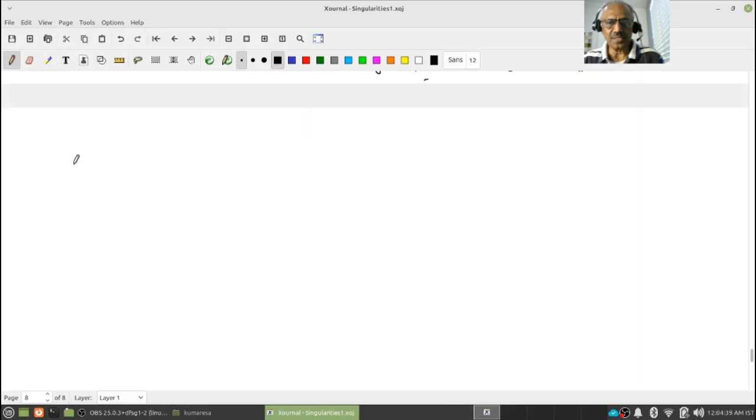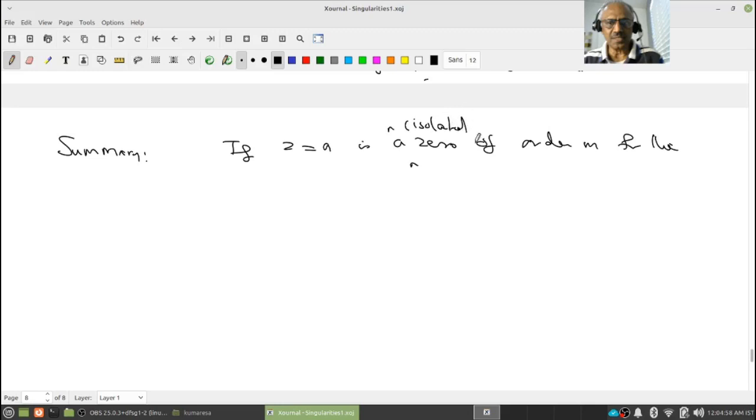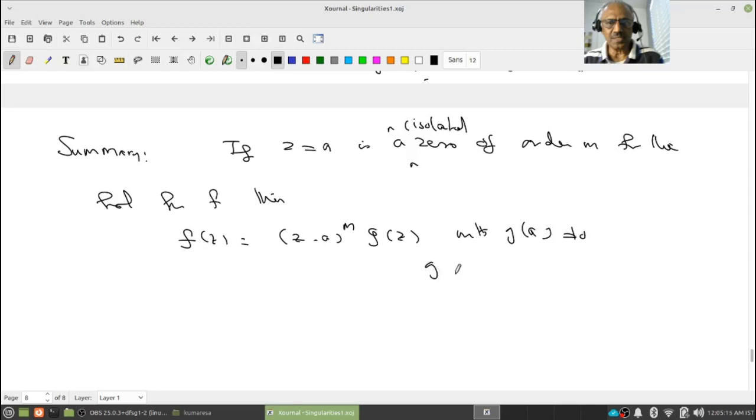So let us summarize. If z equal to a is a zero of order m, an isolated zero of course, for the holomorphic function f, then f of z is of the form (z minus a) to the power m into g of z, with g of a not equal to 0 and g holomorphic on B(a, r).